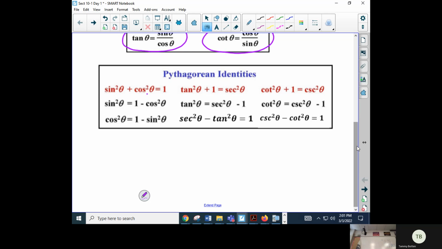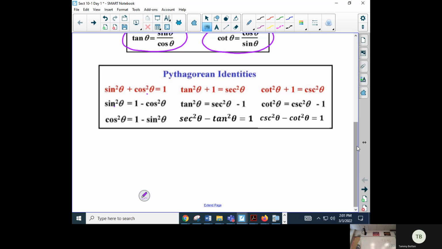Then these two I solved for sine squared and cosine squared. Sometimes in these problems you'll see 1 minus cosine squared, and that can be substituted with sine squared. And 1 minus sine squared can be substituted with cosine squared.